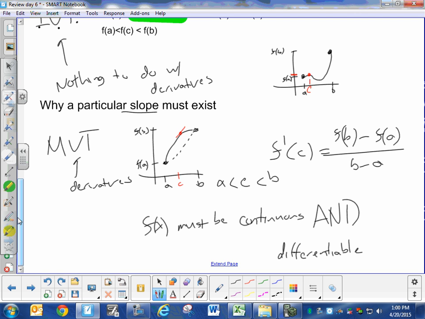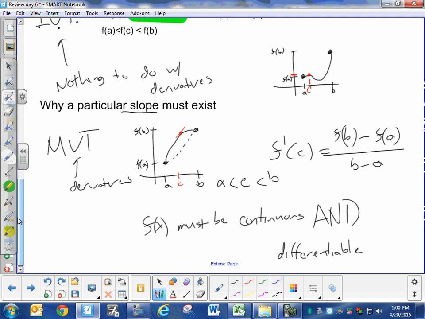You'd say since the slope of the secant is 2, there must be some location between 2 and 4 such that the derivative at that location equals that slope. Mean value theorem 3B. Got it? Great. And that's really it.